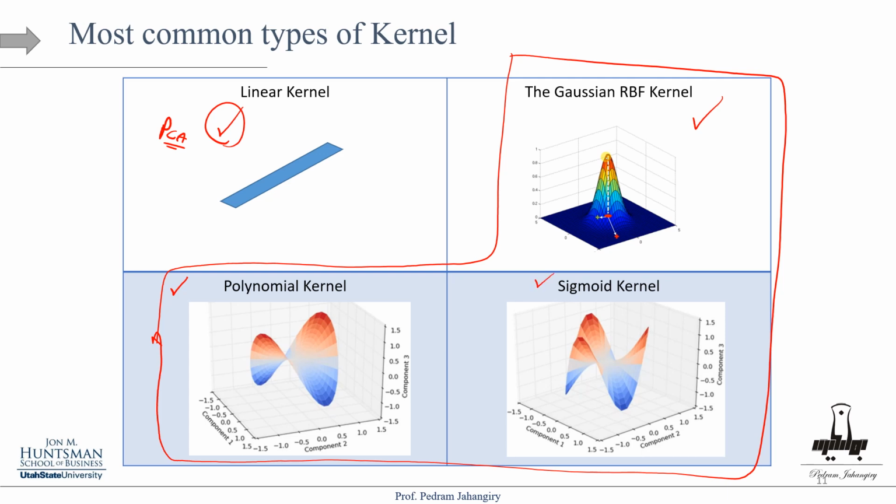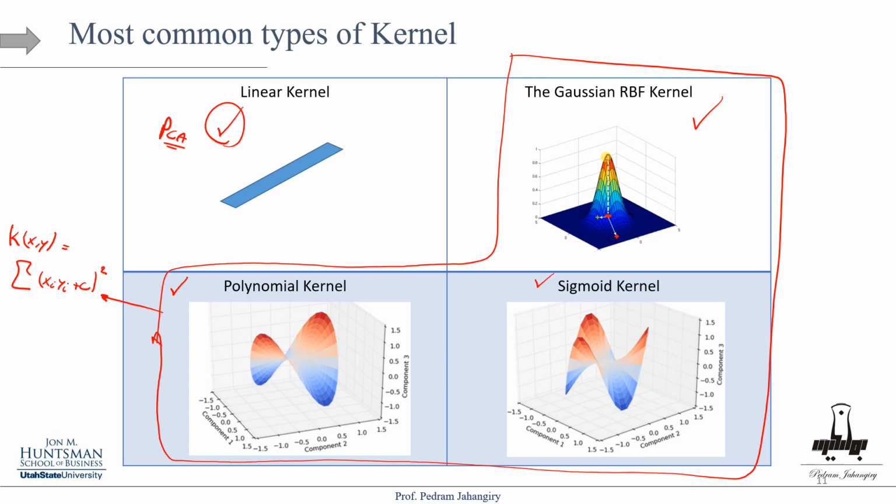So for example, for the polynomial kernel, if you're curious to know, there's a formula for the kernel. So x and y, imagine there are 2 points. It's going to be a summation of xi, yi plus c to the power of 2, right? And for the example that we had, instead of RBF kernel, I could have used the polynomial kernel.